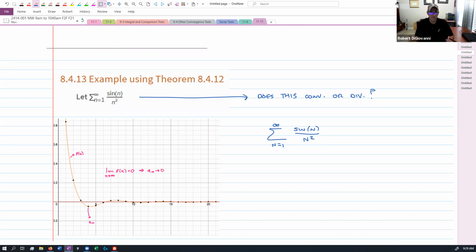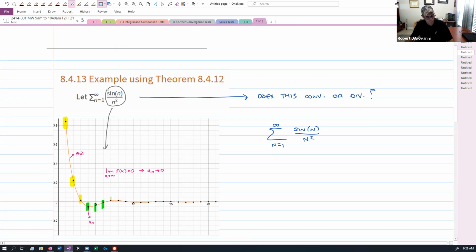To help you see that, if you just take the sequence, forget the sum, and plot it, you can see that if you plug in n equals 1, you get positive, positive, positive, and then you start getting negative, negative, negative.